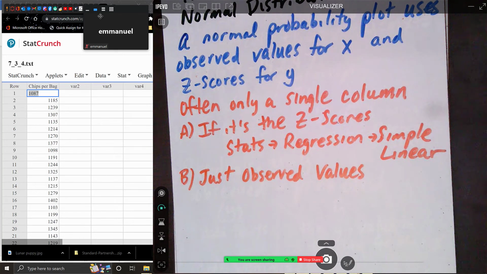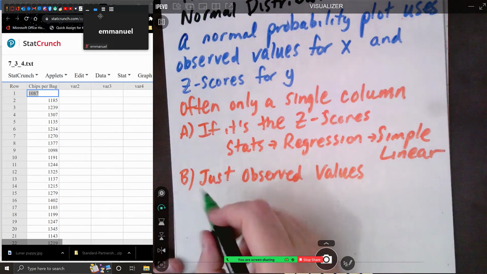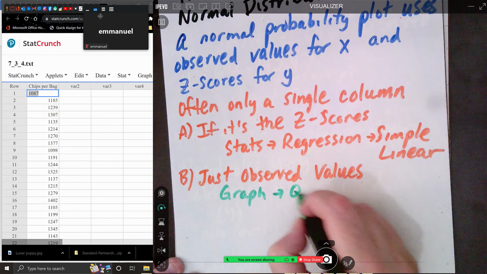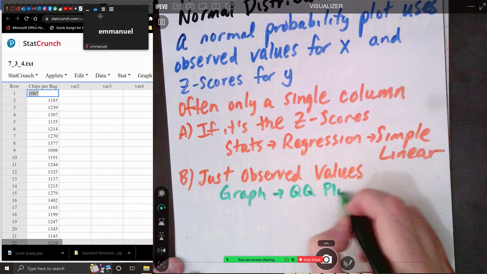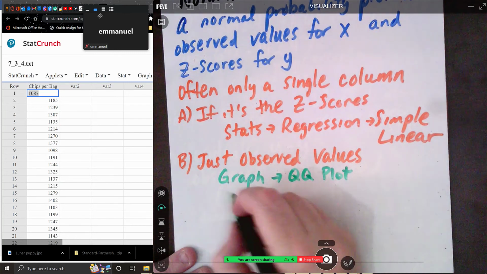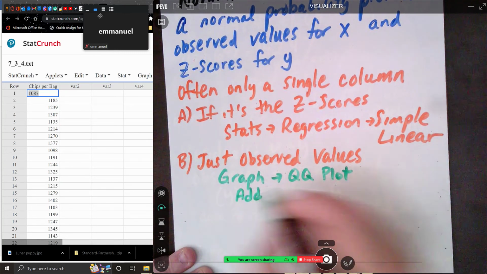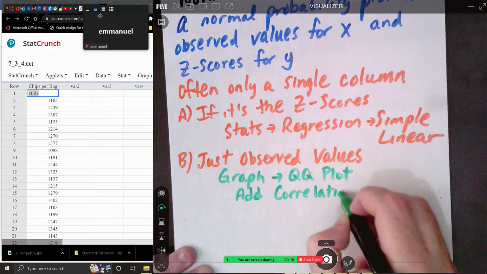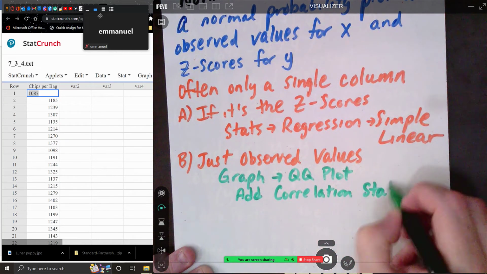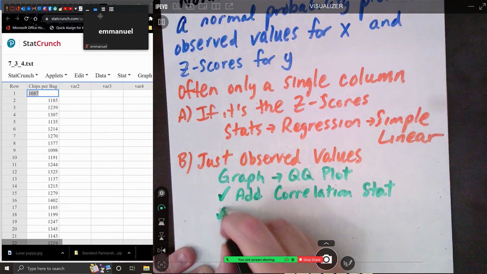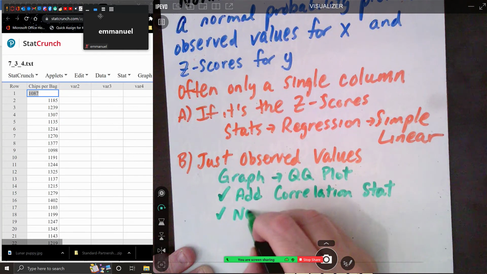And for that, we want to do something called the QQ plot. When you're doing it, and you'll see it when I do it right here, add the correlation stat. You want to do that. And we want to do normal quantiles on the y-axis.